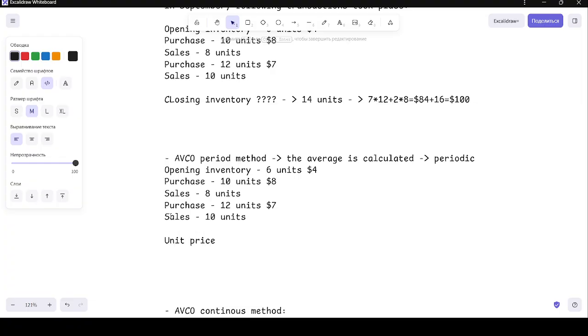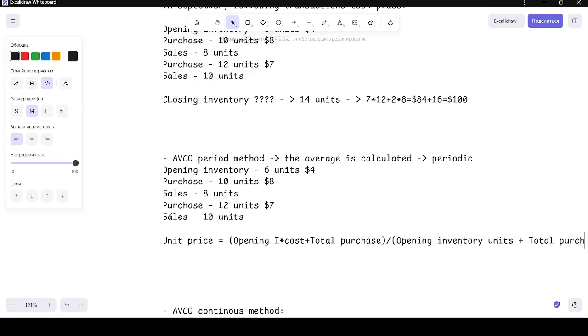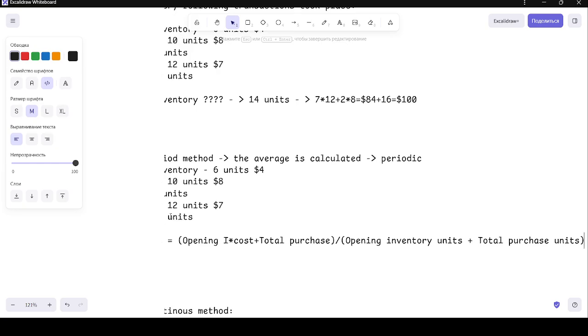Unit price equals opening inventory multiplied by cost plus total purchase, divided by opening inventory units added to total purchase units. That's it.